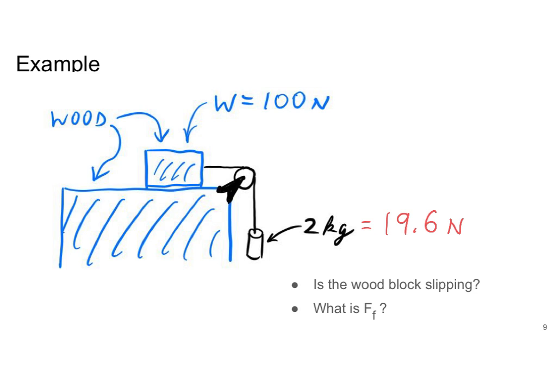And if I consider that weight and the string it's hanging from, F sub G or W, either way, that's just the same notation, equals 19.6 newtons. That's the downward force. And then the force pulling up is the tension in the string.